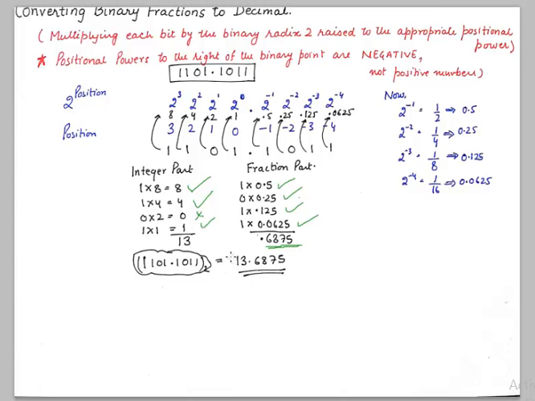So all in all, we have the integer value as 13 and the fractional value as 0.6875. So the total number becomes 13.6875. The decimal equivalent of this binary fraction is 13.6875, and the underlying governing concept is that the positional powers to the right of the binary point are negative.